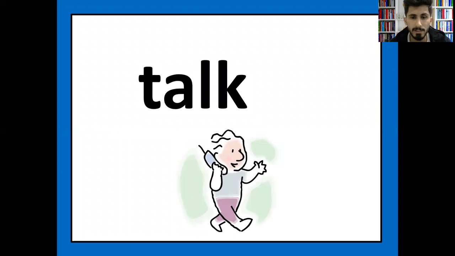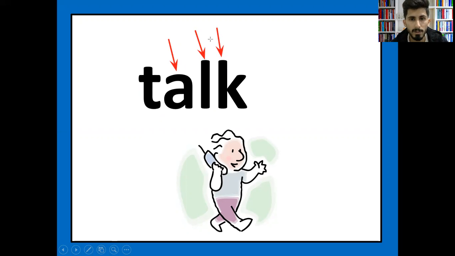You have talked. Look, this is a vowel. A is a vowel. It's followed by 2 consonants, l and k.